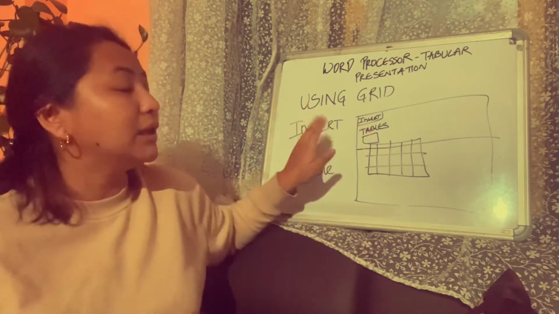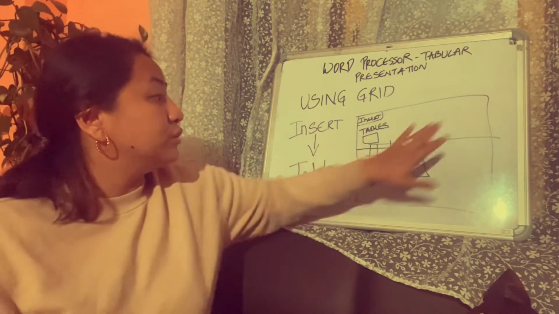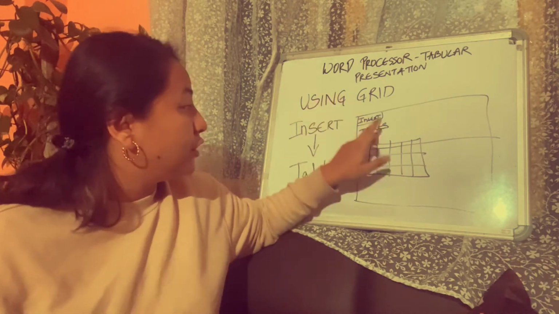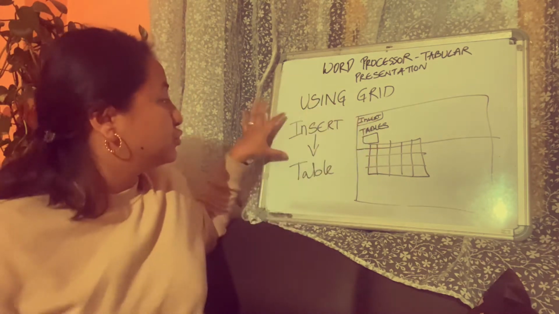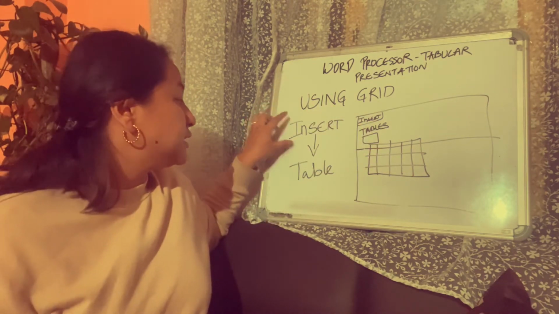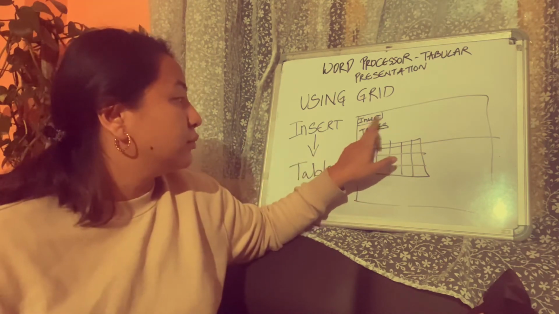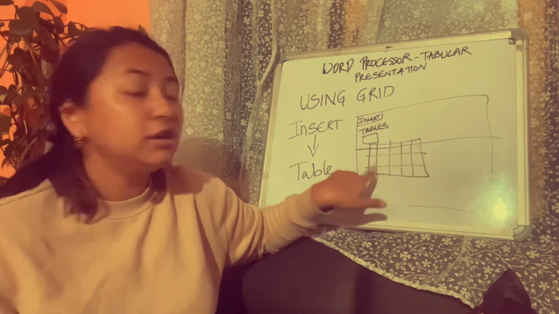So where do we get this grid in the Word screen? First you will go to the top tab, and there you will see the insert option. Go to the insert option, and there you'll see the option for table. If you click there, a box full of grid will appear.